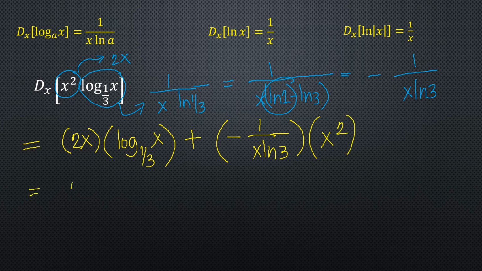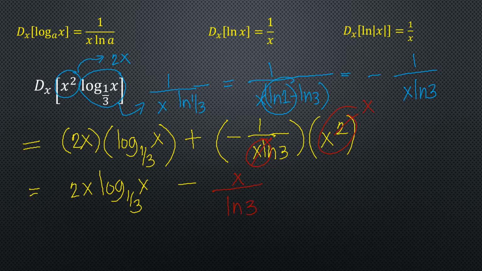Now we combine, so we have 2x times logarithm of x to the base 1/3 minus, okay, here we can observe that x squared and x have a common factor x. So this will now be x, and that will be minus x over ln of 3.